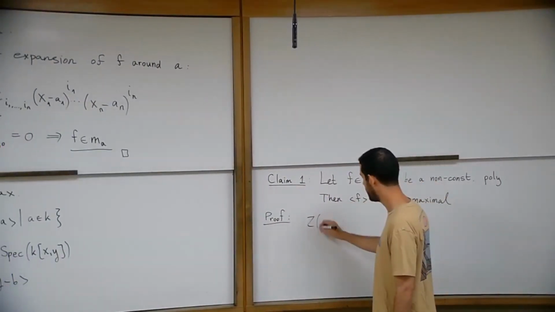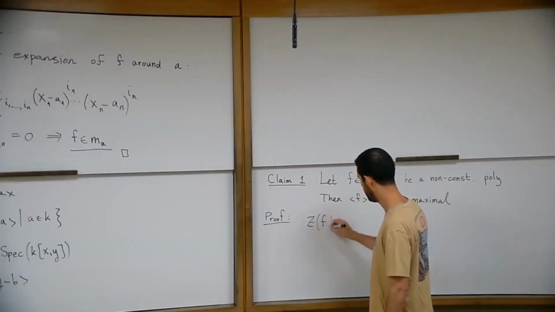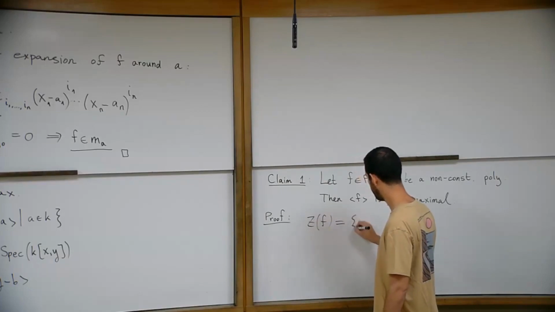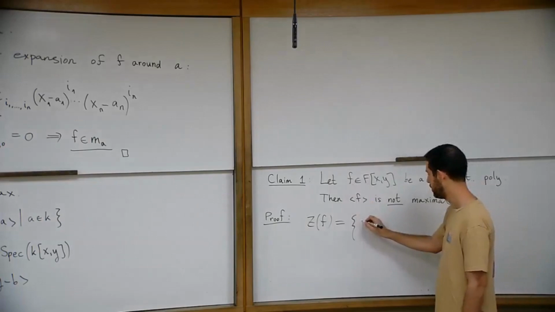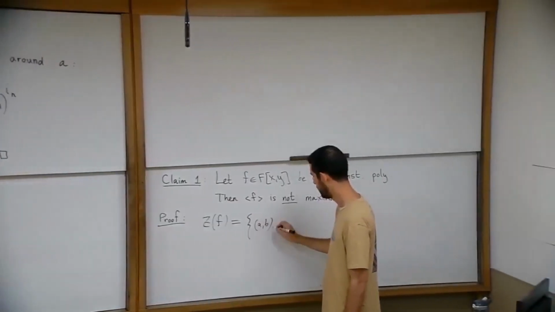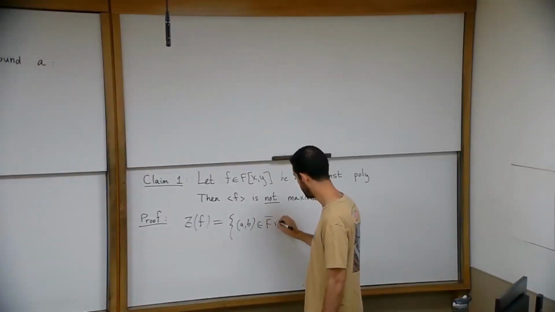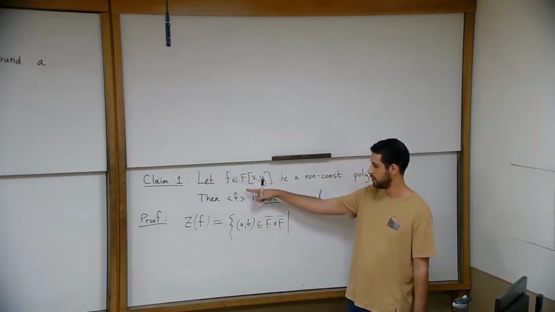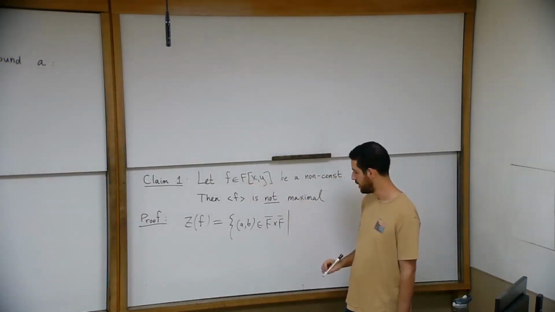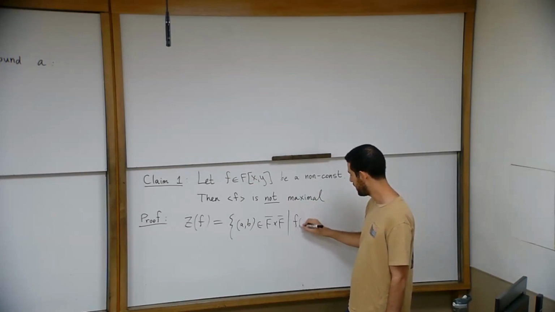Let me remind you, last time we defined the set Z(F), the curve that is defined by the polynomial F. For us, it is the set of all the points (a, b) in F bar times F bar, where F bar is the algebraic closure of F, such that F(a, b) is 0.